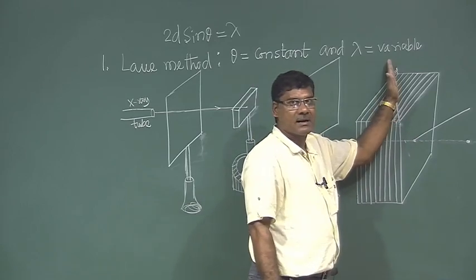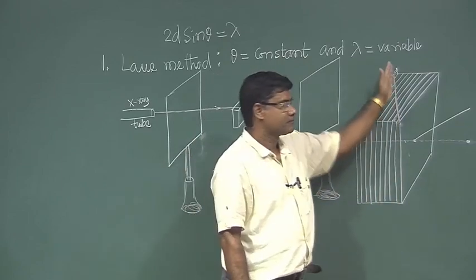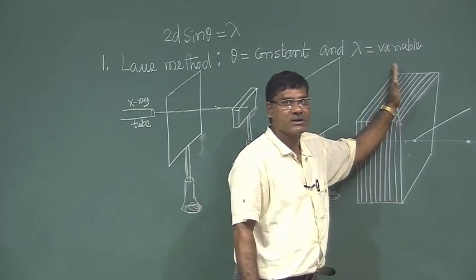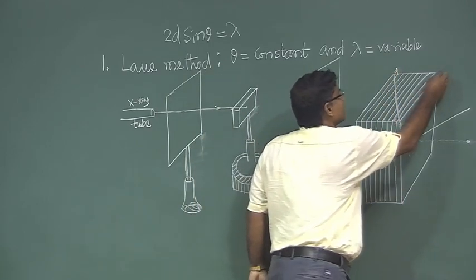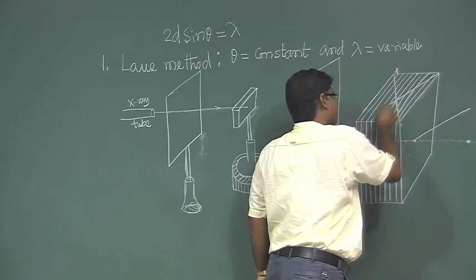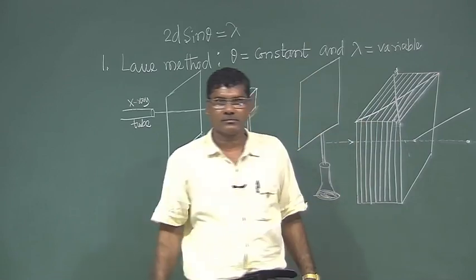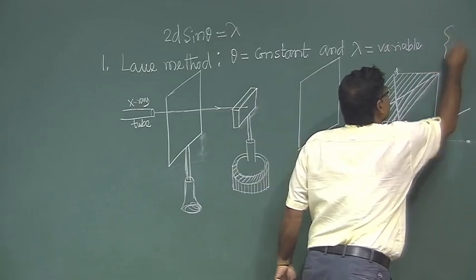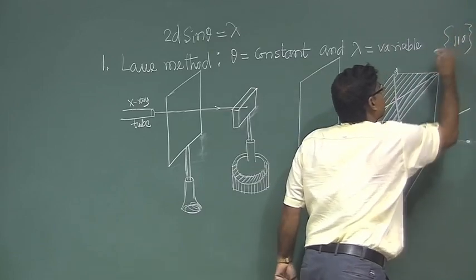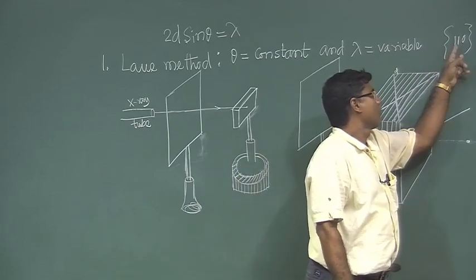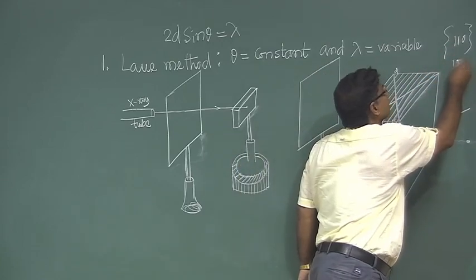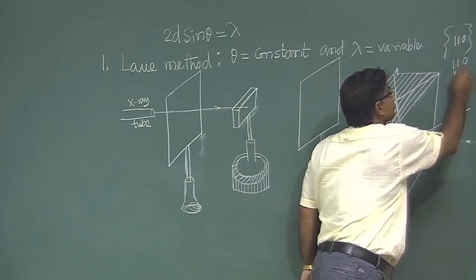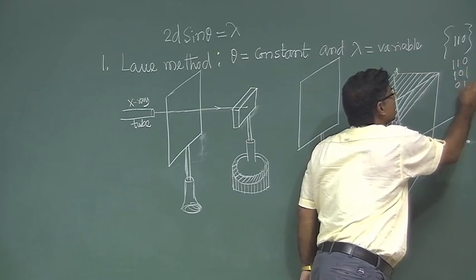Now if I consider the 110 plane, this is also another plane, the 101 plane. This is the family, as I mentioned: if you write 110, it represents 101, it represents 011, right.